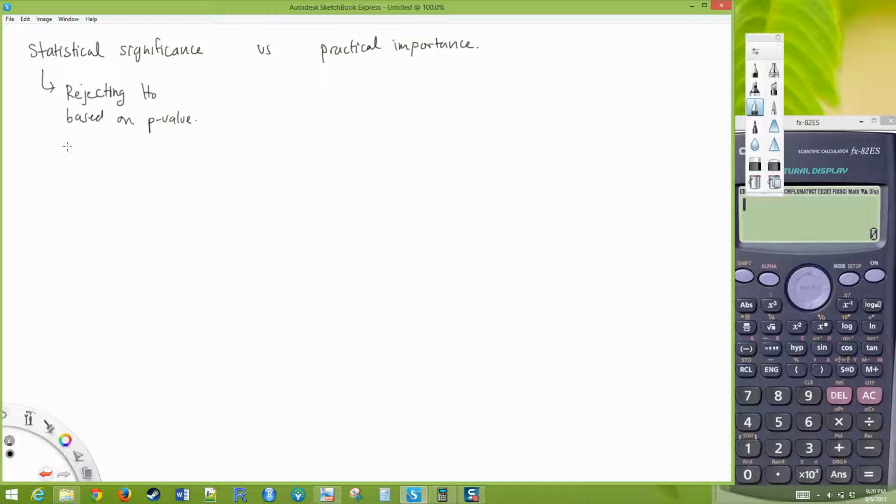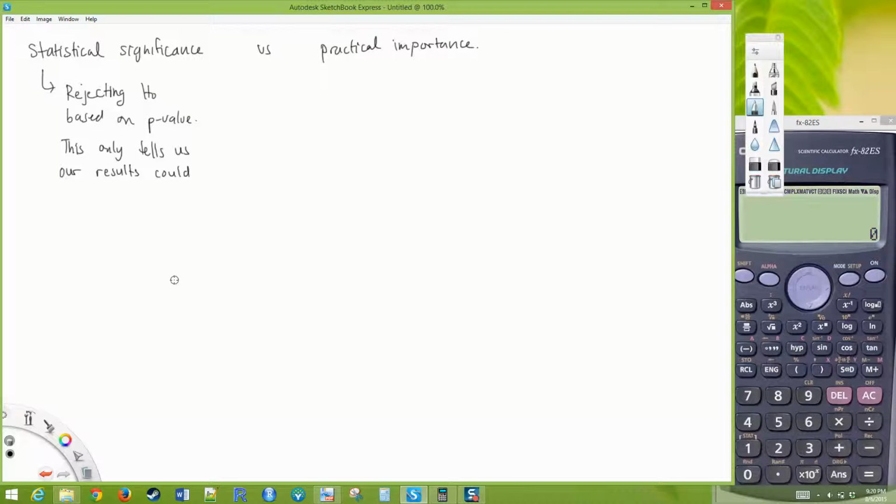Actually, rejecting the null, this only tells us our results could not have happened by random chance.